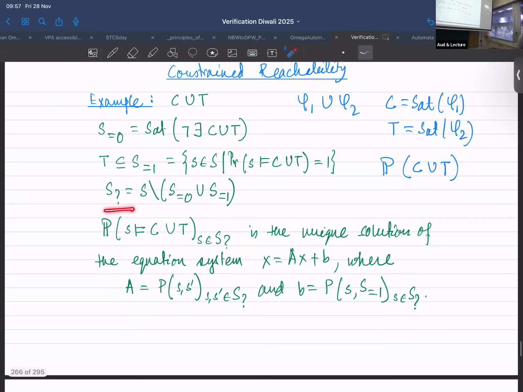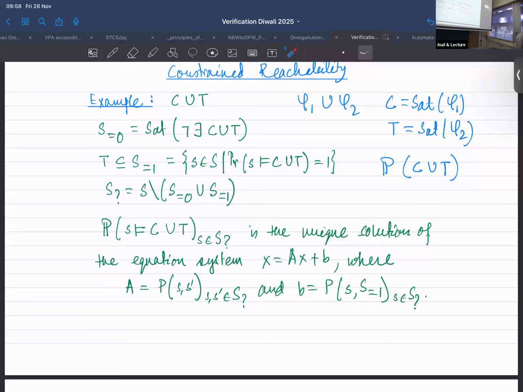So I can have this S question as the set of states which are neither in S equal to 0 nor S equal to 1. Or I can even talk about S minus S equal to 0, and T instead of S equal to 1. I can even start with a subset of S equal to 1. But the smaller my S question is, the faster will be the evaluation. Okay, so that's the thing.